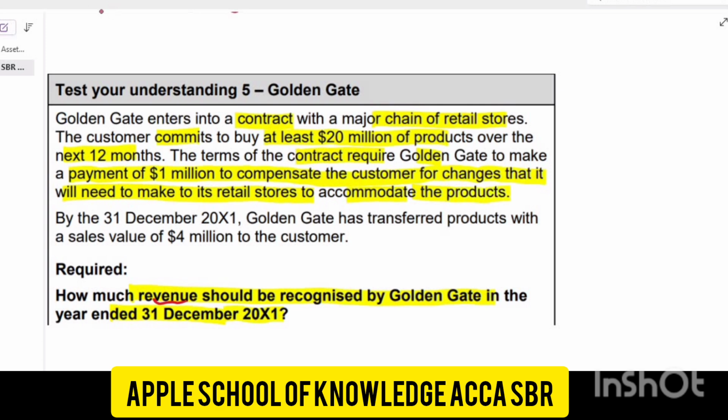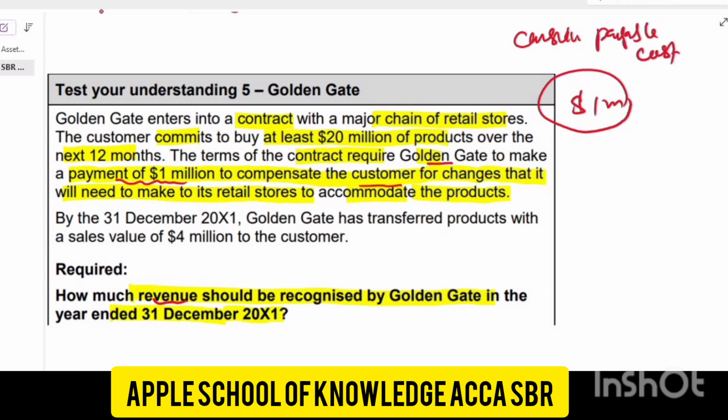This means that there is consideration payable to the customer. So this $1 million is consideration payable to the customer.